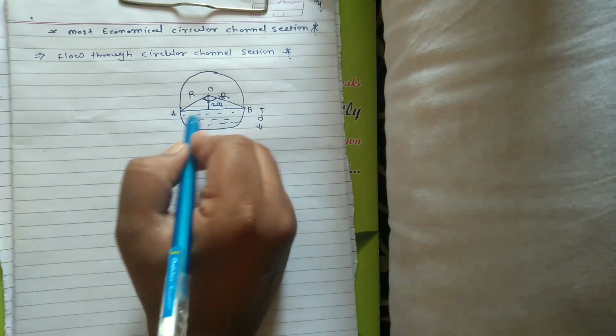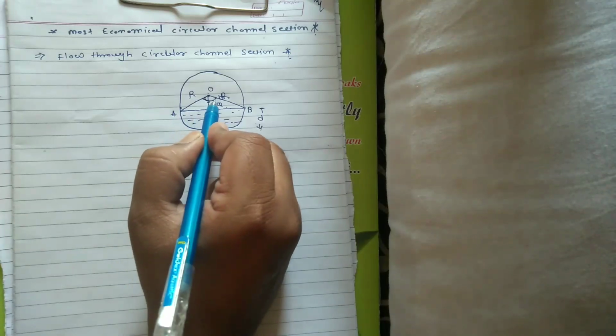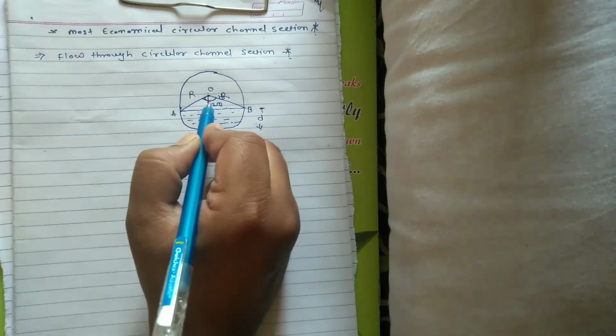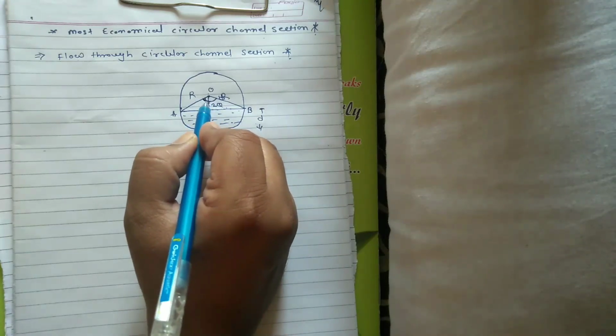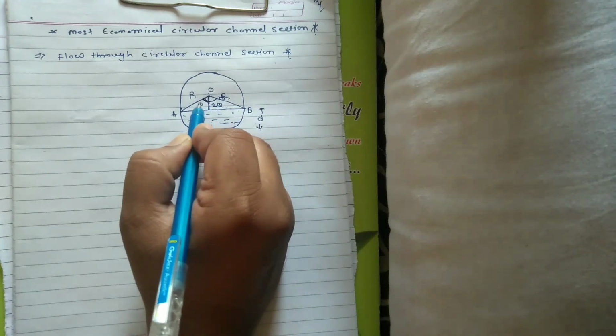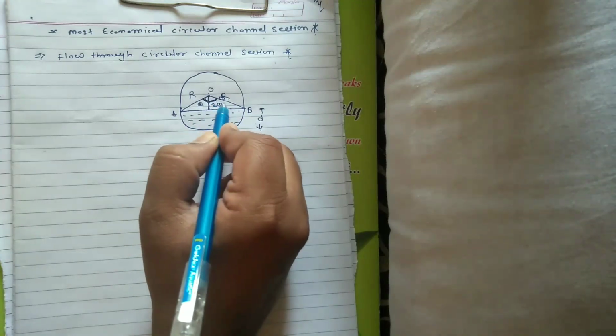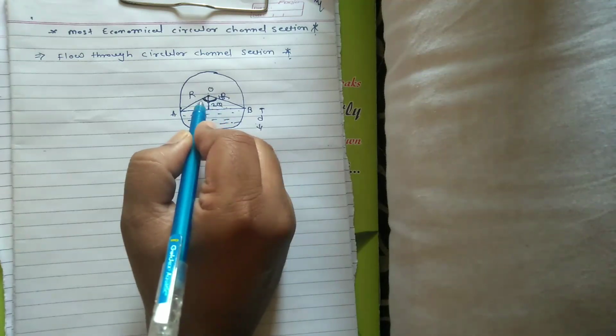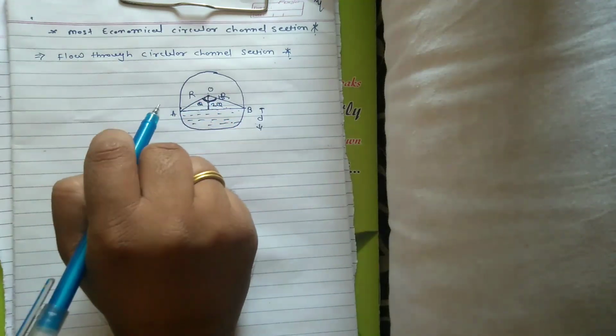So this is 2 theta. Therefore this half angle will be theta, and this is also theta. So this total angle is 2 theta.